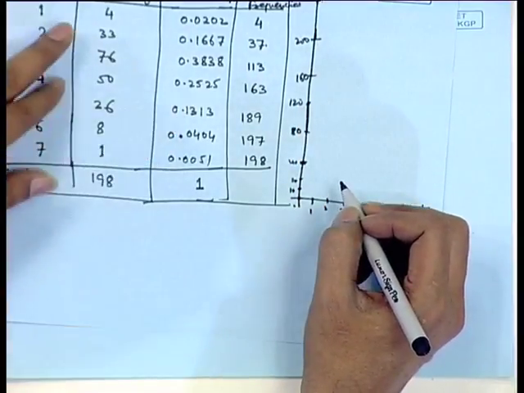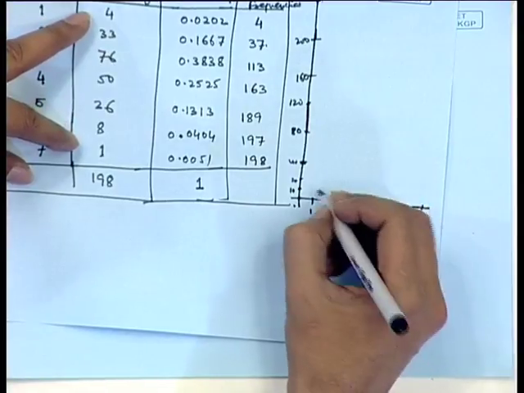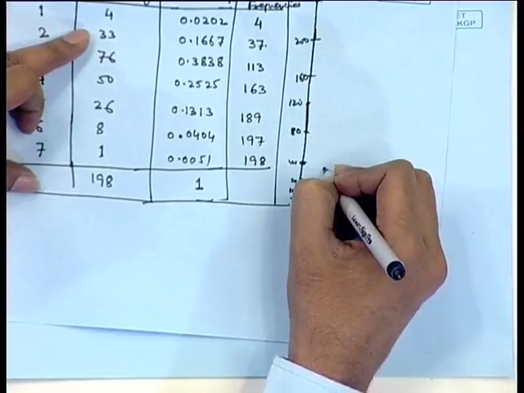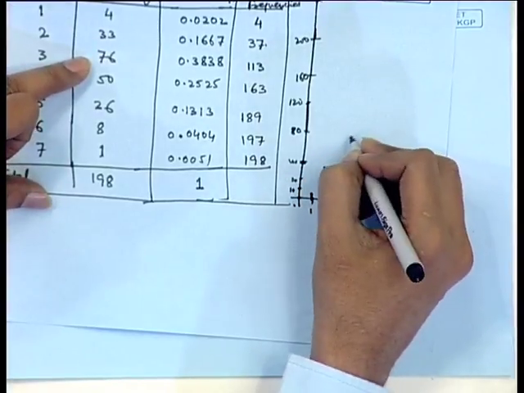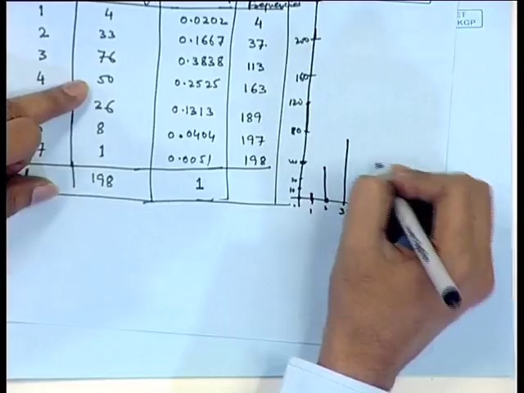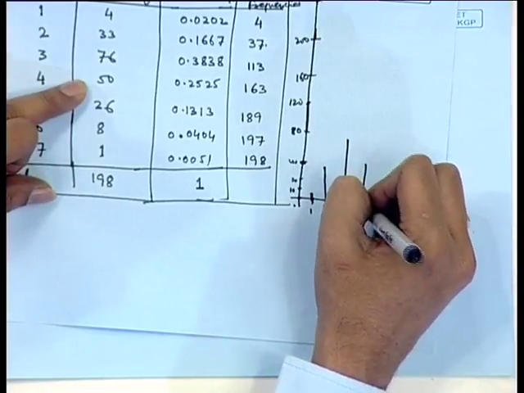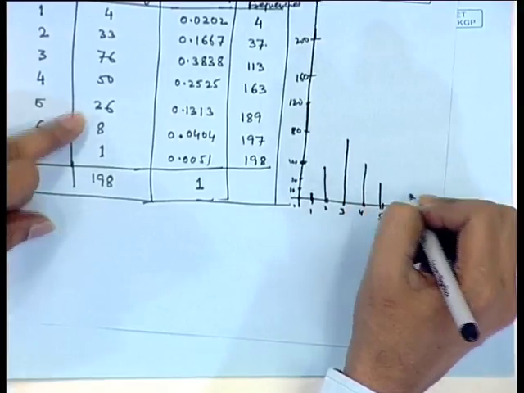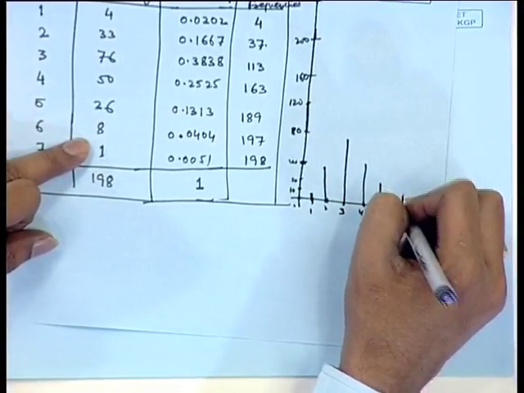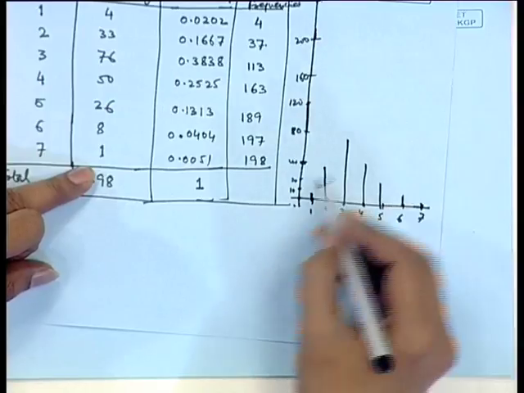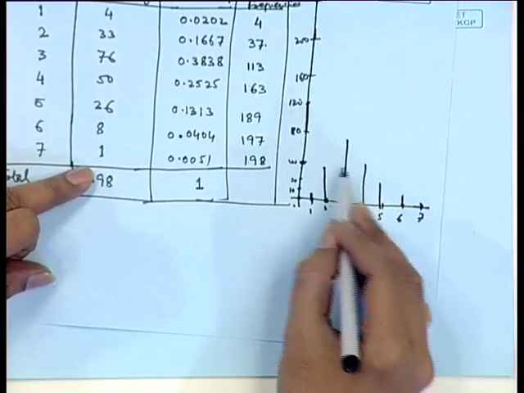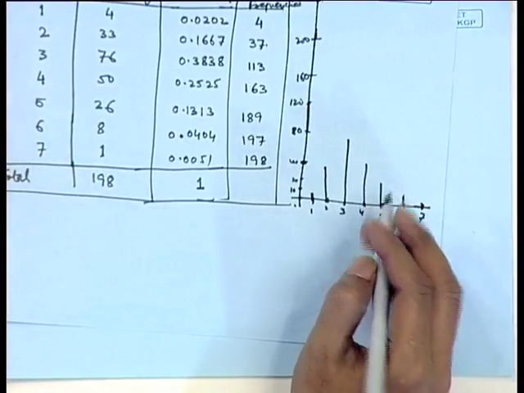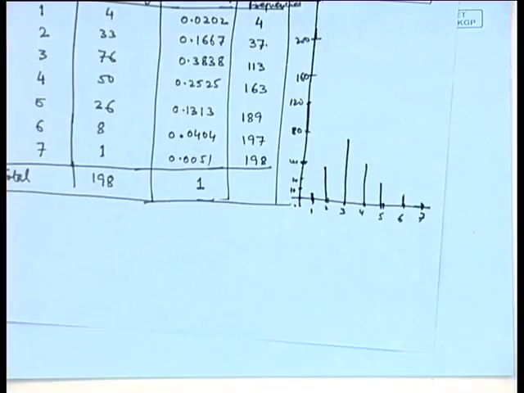Now, you see the numbers that we are going to present here: 4 will come somewhere here, then 33 will come up to this height, then 76 up to this height, 50 up to this height, 26 up to this height, 8 up to this height, and 1 is this one. So, this tells the relative importance, or relative occurrence, of each term in the frequency distribution. So, bar diagrams are quite useful.